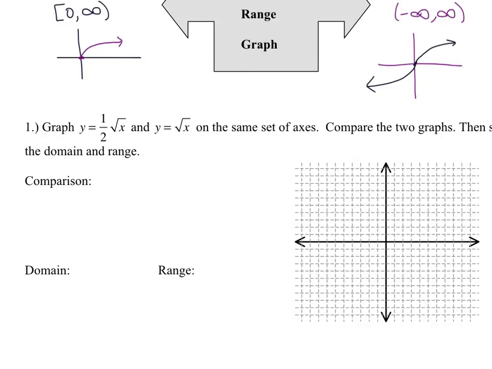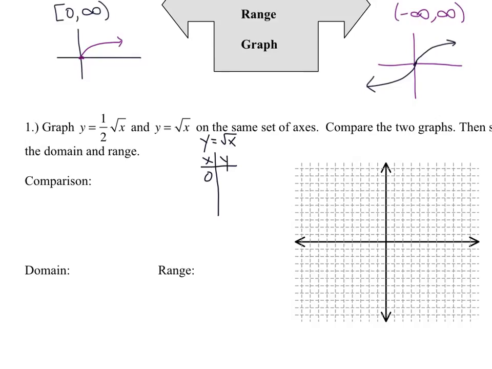So the first thing is that they are both square roots, so we get an idea of what they're going to look like. One thing that would be beneficial is to make a little table of values to graph it. So this will be just for the parent graph, y equals the square root of x. So I'm going to choose some x values, so I'll choose 0.